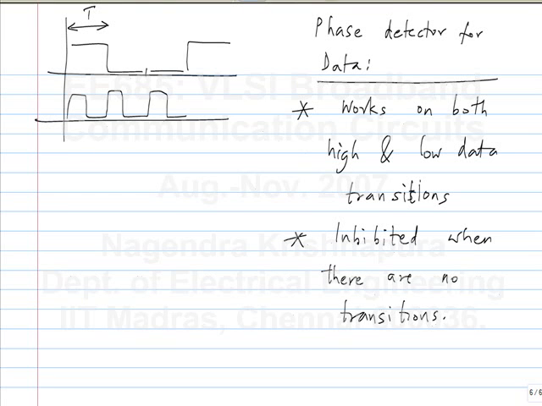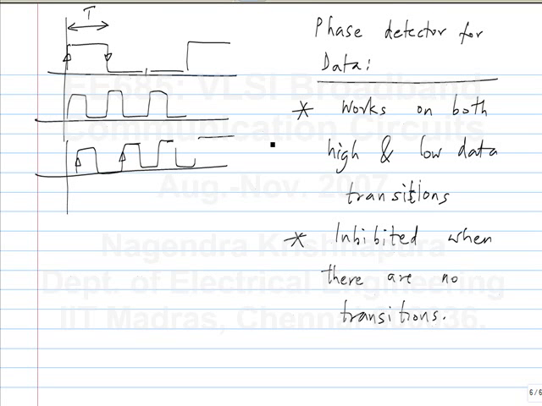So, let's say the clock is like this. In this case, I have shown it as aligned. Okay. So, let me make it slightly misaligned. So, the phase difference is basically the difference between this edge and this, or this edge and this.